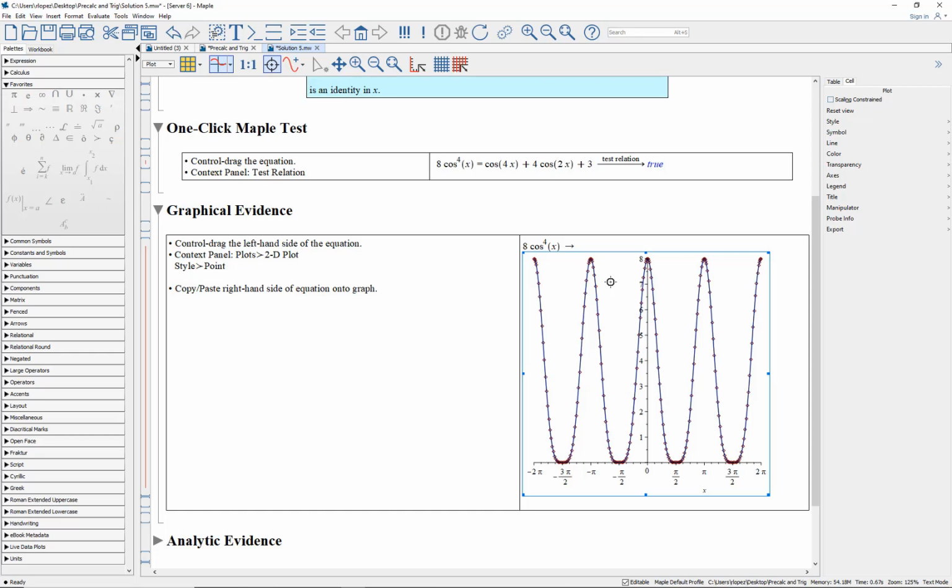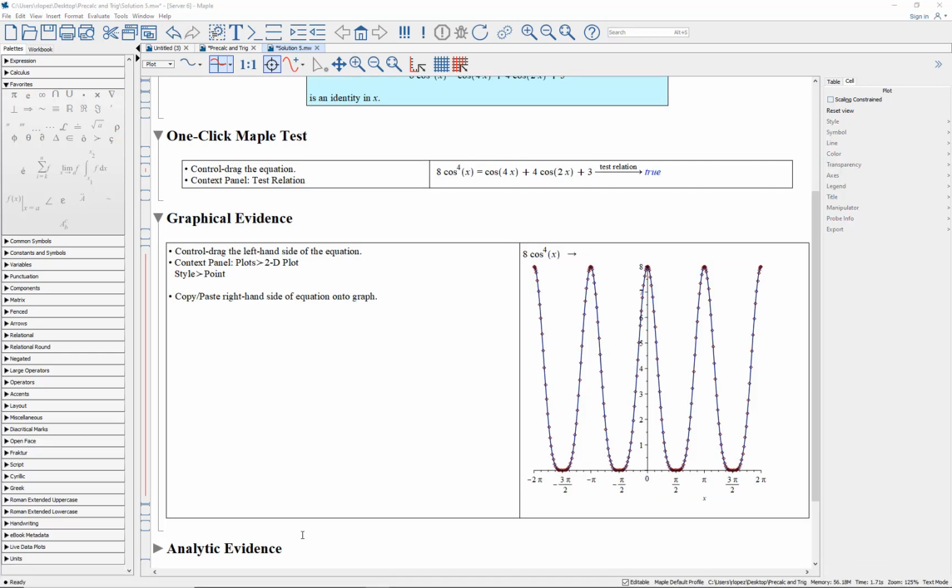And it would look like this graph is saying the left-hand side and the right-hand side, if graphed, are identical. So the values for each x on both the left-hand side and the right-hand side seem to be the same. Therefore, we have additional evidence, this time visual, that we are looking at an identity.